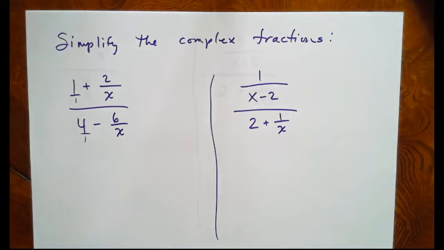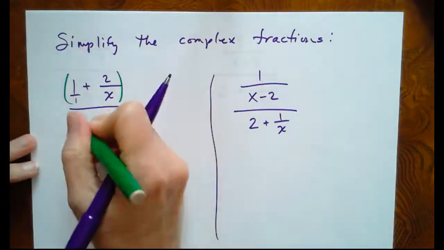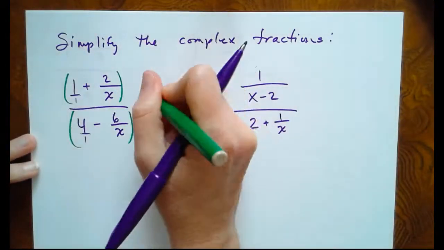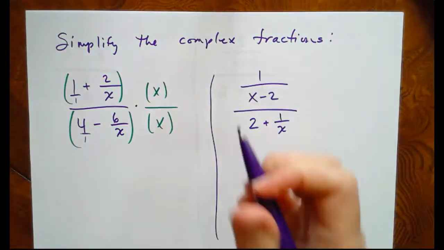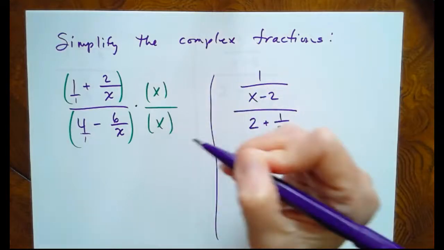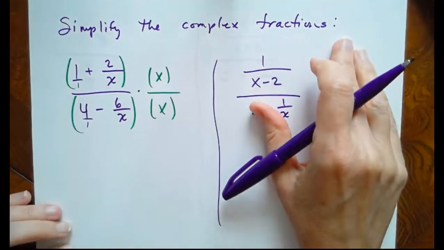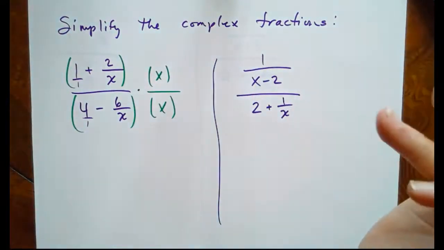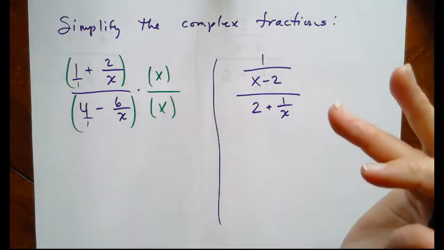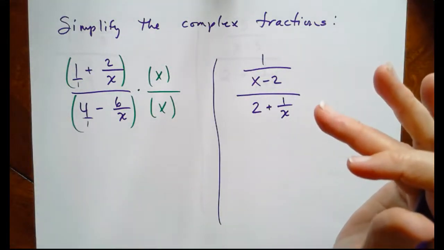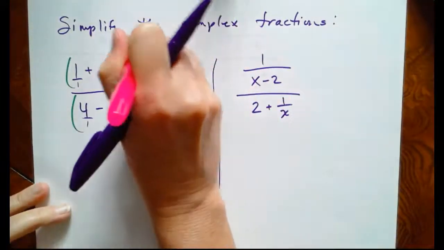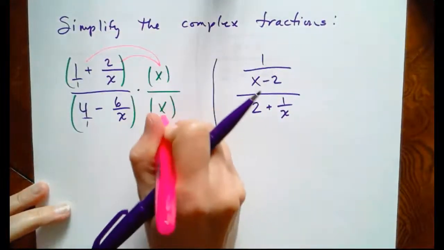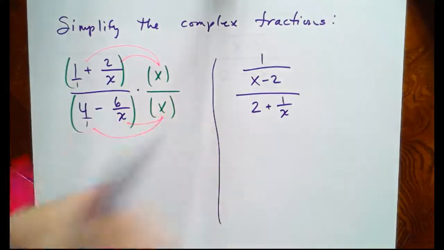This problem can be easily dealt with if we multiply both top and bottom by x. So x over x is equal to the unit multiplier 1. So if we multiply by x over x, it does not change the value, but it is going to dump all of these fractions. So distribute, distribute, distribute, distribute.